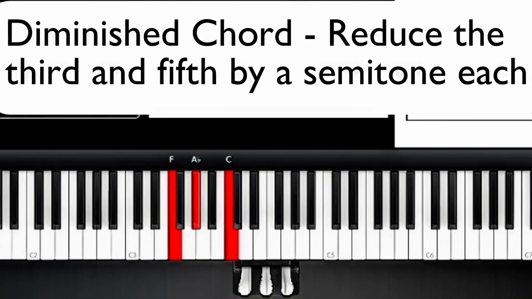So to get the diminished chord, we reduce the 5th by a semitone too. A semitone backward from this note will be this note. Now we have all the notes. Let's play them together. So this is a diminished chord.